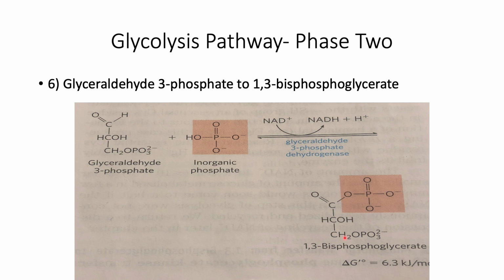This is an energy conserving step, and the formation of this requires a cysteine molecule, and the cysteine molecule will react at this point and cause the negative charge to accrue to the oxygen. That'll be the first point.